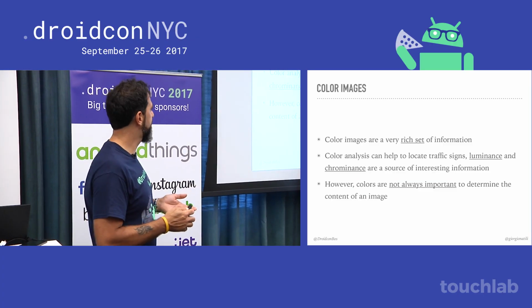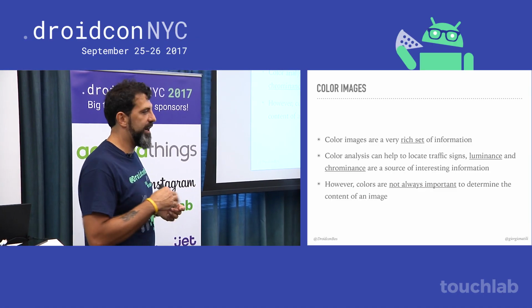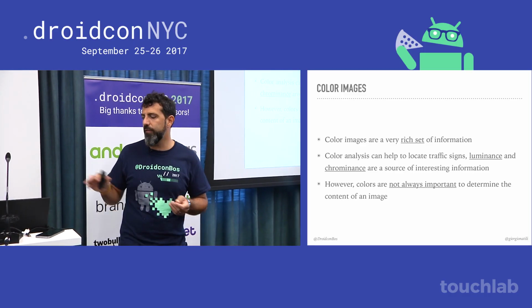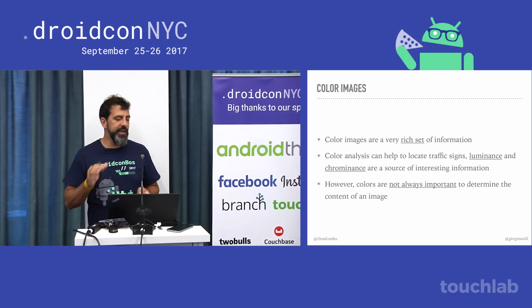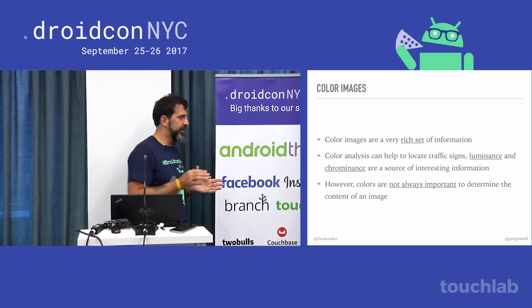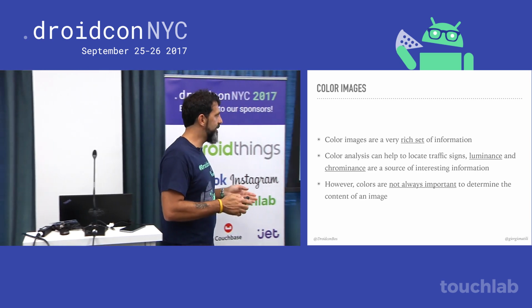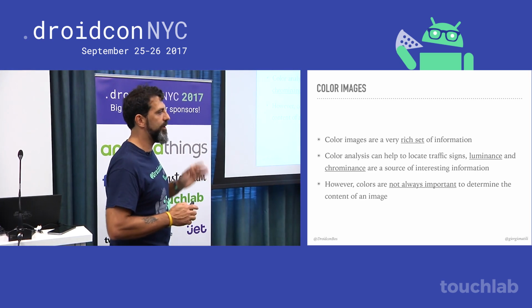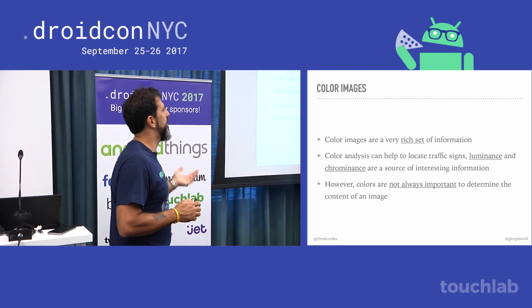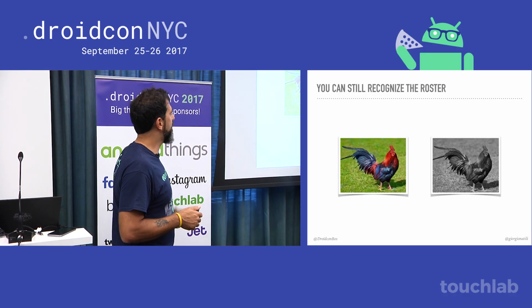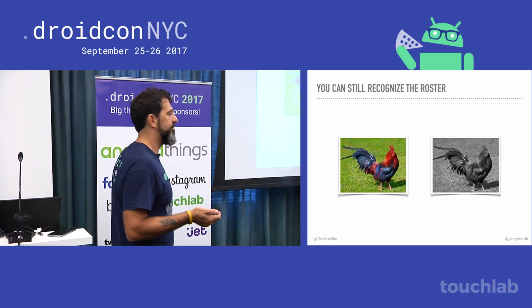whether it is cloud-based or based entirely on a device. Color images are a super rich set of information. There is information about luminance and about chrominance. However, chrominance gives you a lot of information that is often not needed to determine how an image looks and what the points of interest of an image are. Can you recognize the roosters?